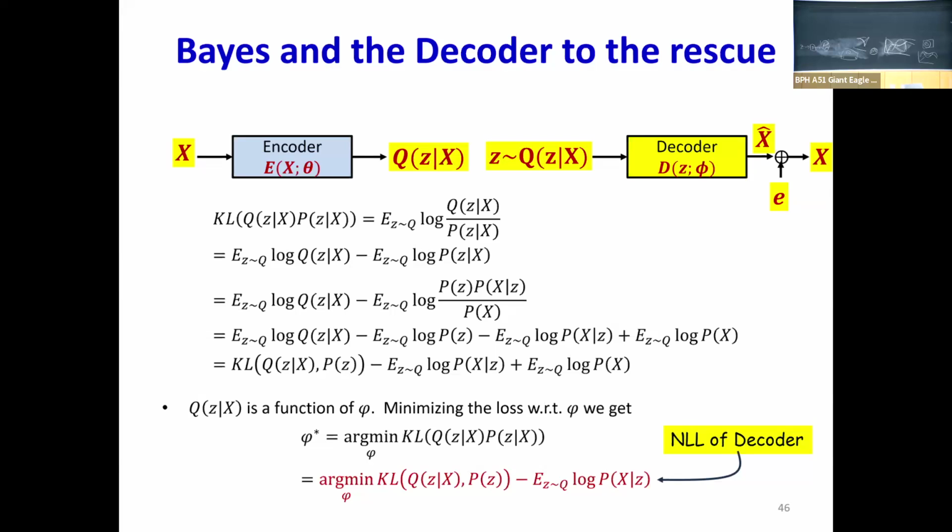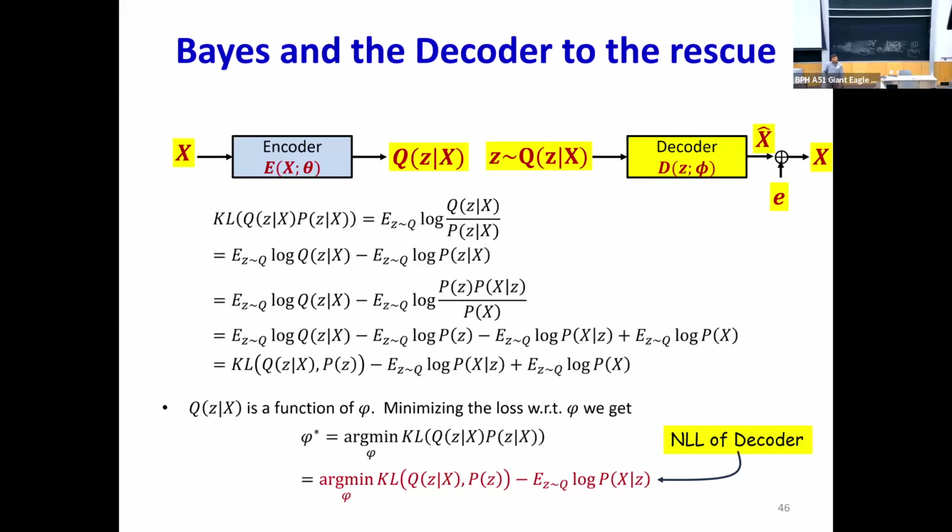This can be written using Bayes' rule as P of z times P of x given z divided by P of x. So expanding that out, that's simply going to be, again, the expectation of log of Q, this is over z's drawn from Q, minus the expectation of log of P of z, minus the expectation of the log of P of x given z, plus the expectation of log of P of x. P of x is the true distribution of x.